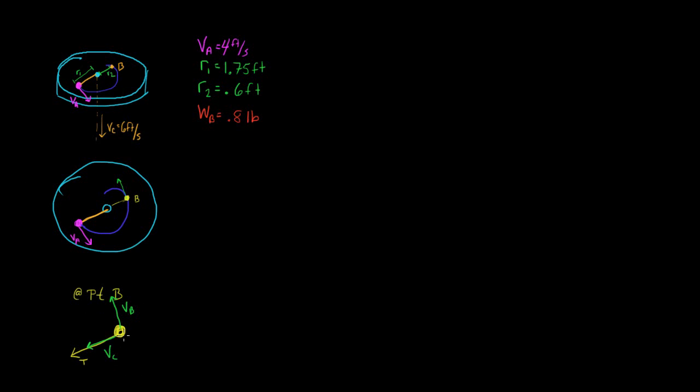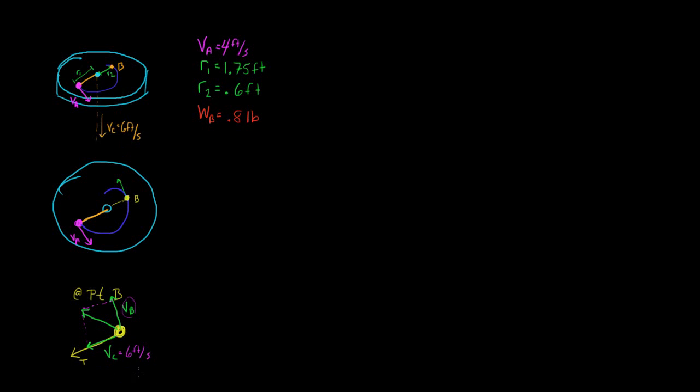So the magnitude of its velocity is going to be right here, and we just need to figure out what this VB is right here. We know what VC is. VC is this constant 6 feet per second.